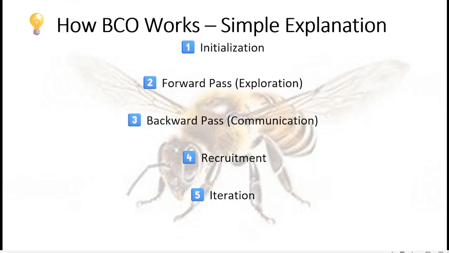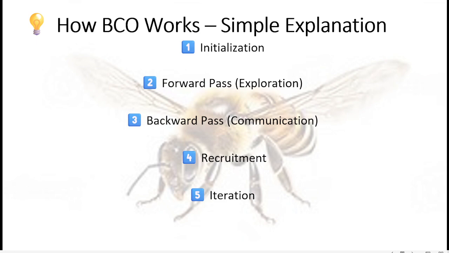Next is recruitment. In recruitment, more bees join and refine the best performing solution. And last one is iteration. This step repeats until the algorithm converges to the best solution. For example, to understand, imagine we want to assign an exam schedule to avoid clashes.